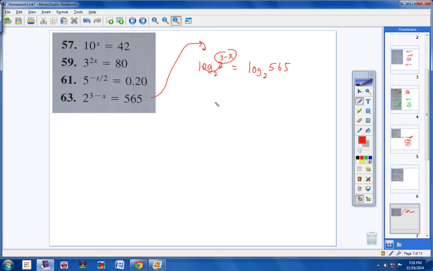So 3 minus x equals log of 565 divided by the log of 2. Okay, so here we go. Log 565, enter, divided by the log of 2.